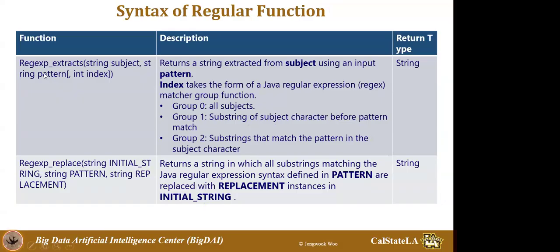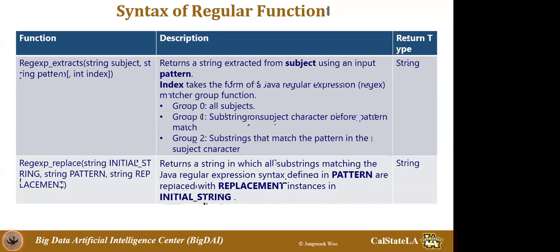Okay. So if you look at the parameters, there is a string, like a subject, that is actually the text, any text or string. After that you have a pattern. So whenever you have a certain pattern, if that is matched to part of your subject string, then it returns, for example, the string you are looking for from this subject string.